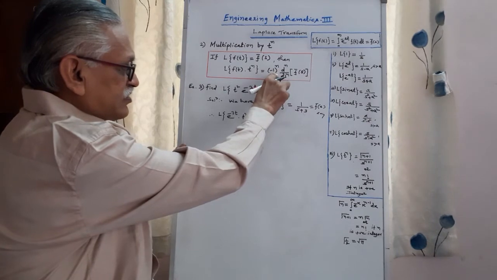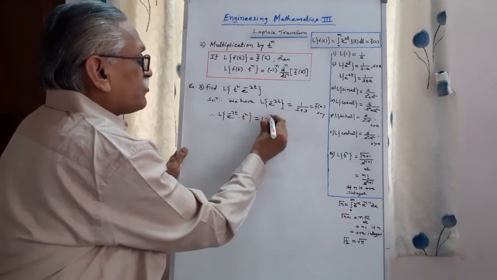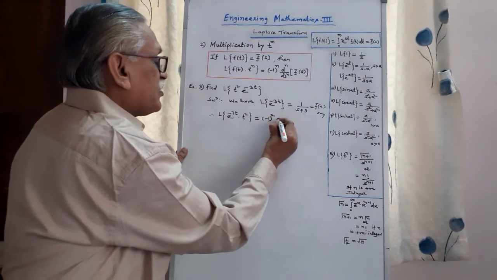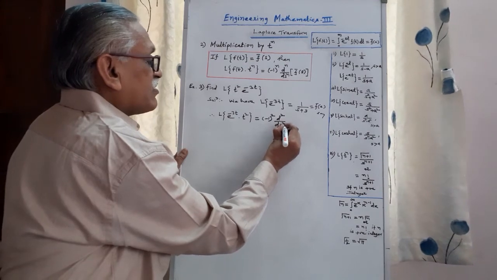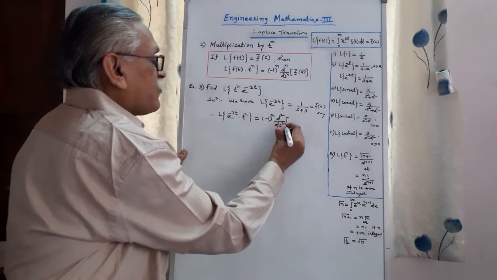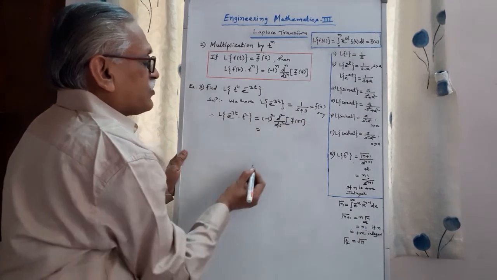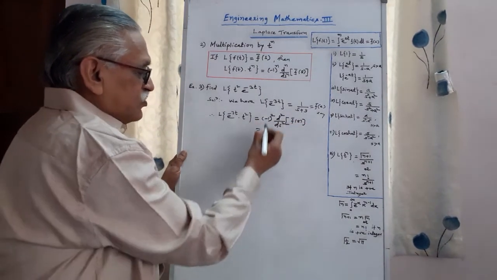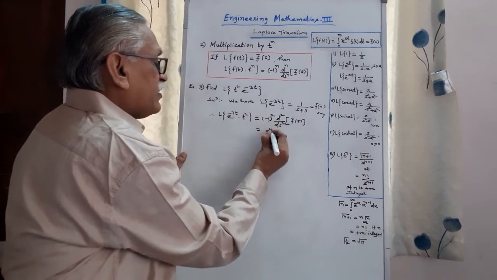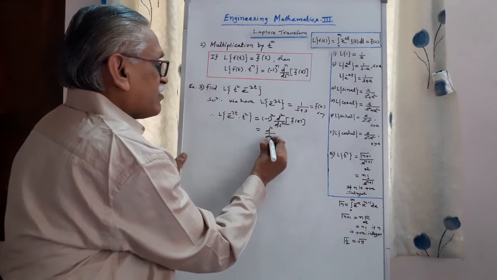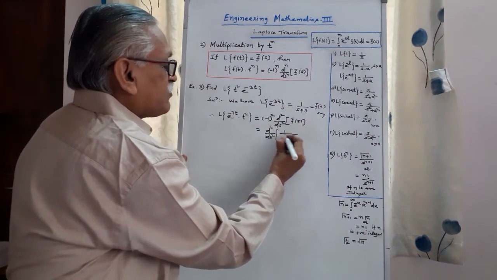using this theorem, it is minus 1 raised to n, n is here 2, and same order derivative, means d2 by ds square, the second order derivative of f bar of s, and therefore it is equal to minus 1 raised to 2, sign is positive, d2 by ds square of f bar of s, and f bar of s is 1 upon s plus 3.